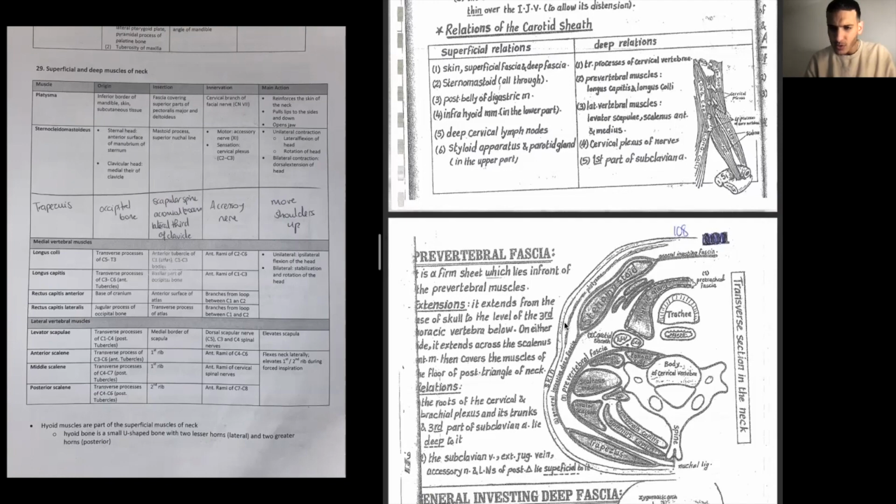Platysma, the muscle we discussed, is found on the most external part just below the skin. The deep investing fascia is just below it, and it has two layers, which take between them the sternocleidomastoid muscle and the trapezius muscle, the two muscles that we're going to discuss next, found on the table that I'm pointing at.